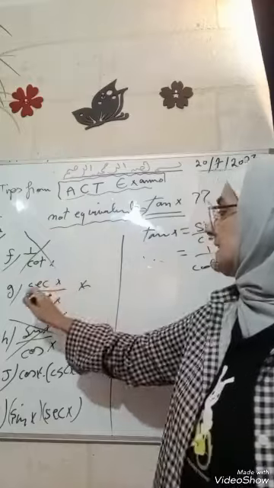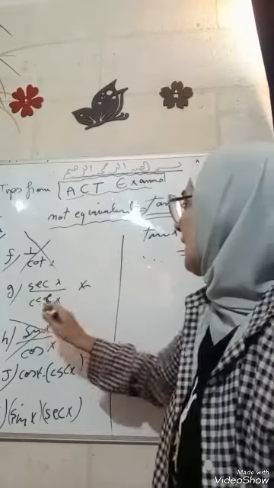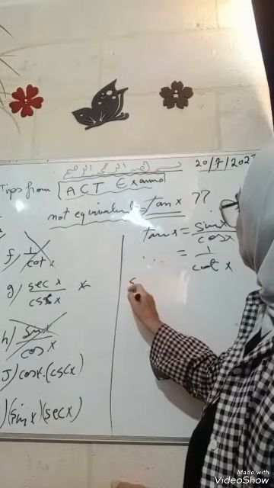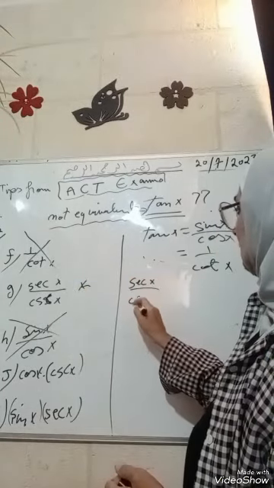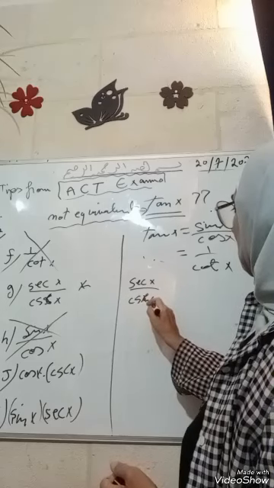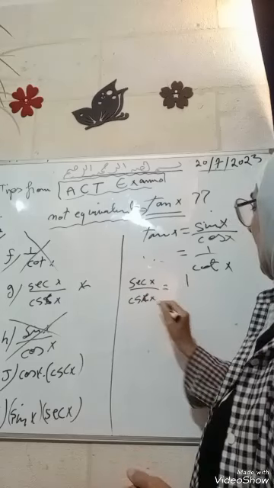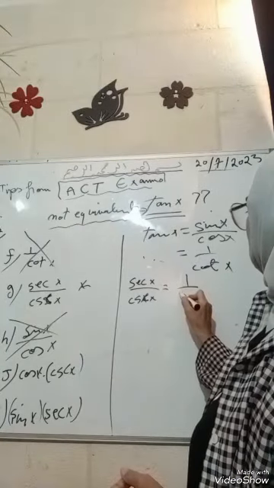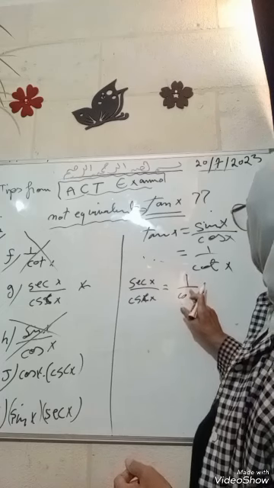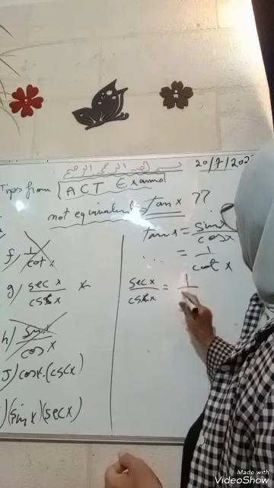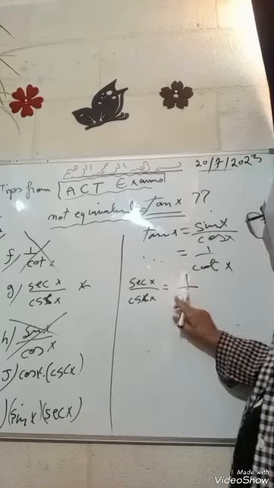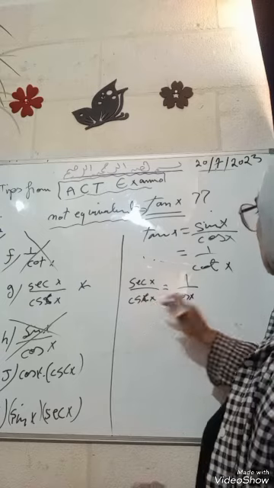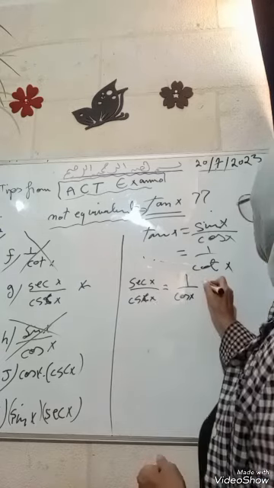Now I have secant x divided by cosecant x. What is secant x? Secant x is the reciprocal of the cosine x, and the cosecant x is the reciprocal of sine x.